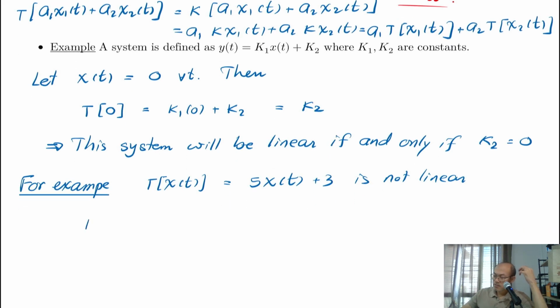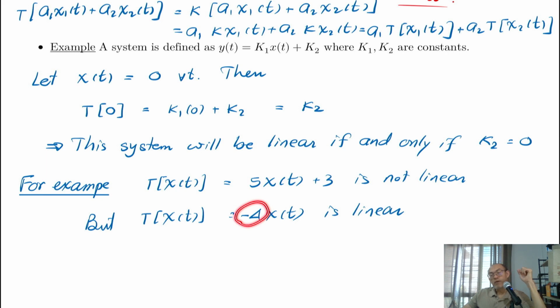But T of x(t) equal to 4x(t) is linear. In this case, k2 is 0 now, and we have only k1. It doesn't matter if it is negative or not. This is a1.